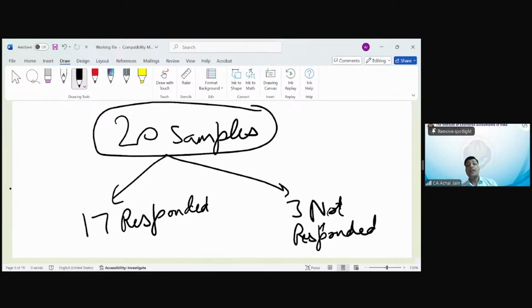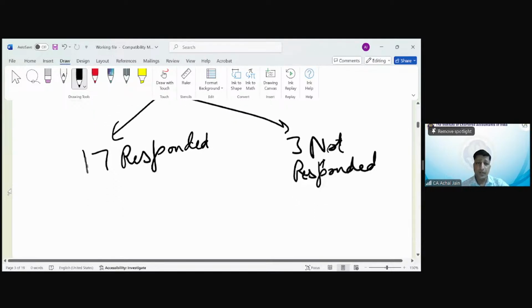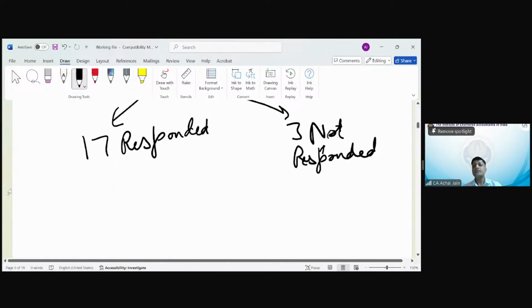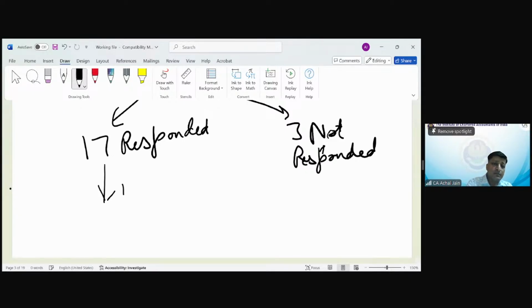Okay. Now, let's talk about the 17 who have responded. When the 17 have responded, the balance which they confirm, in some of the cases that balance may match. If the balance matches, that's good.